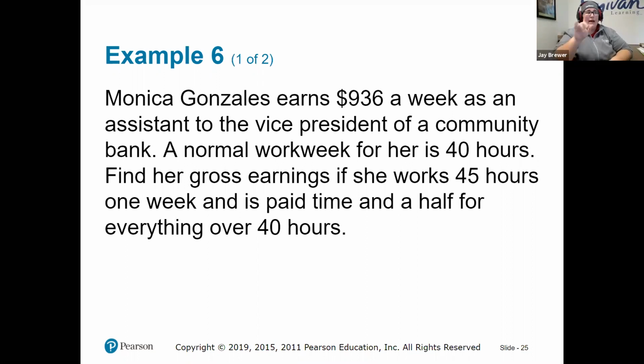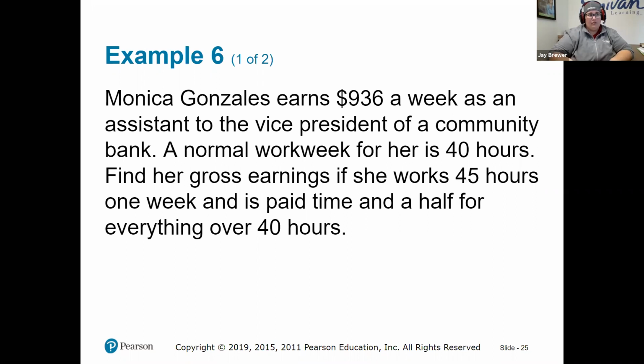That would be if we were doing the other thing. What they want us to do is figure out, if this is how much she gets paid in a week, and she typically works 40 hours a week, how can we find out what she would get paid if she worked 45 hours 1 week? What would you have to find out in order to find the overtime rate?